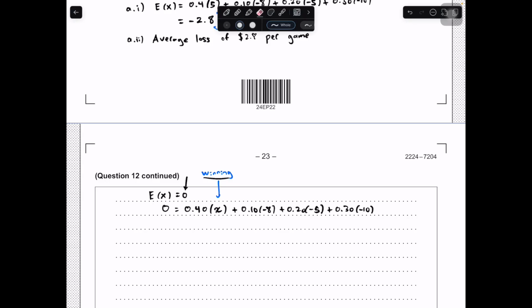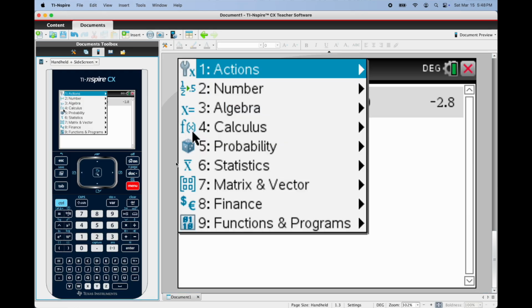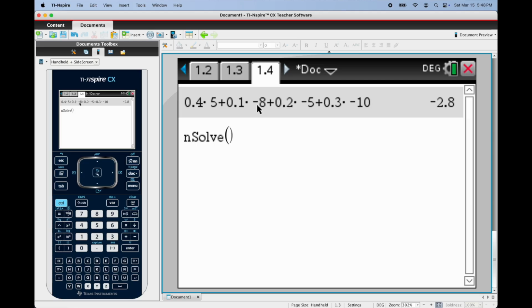All right, so let's go ahead and put this into NSolve. I think I can actually borrow some of this. Menu, algebra, numerical solve.